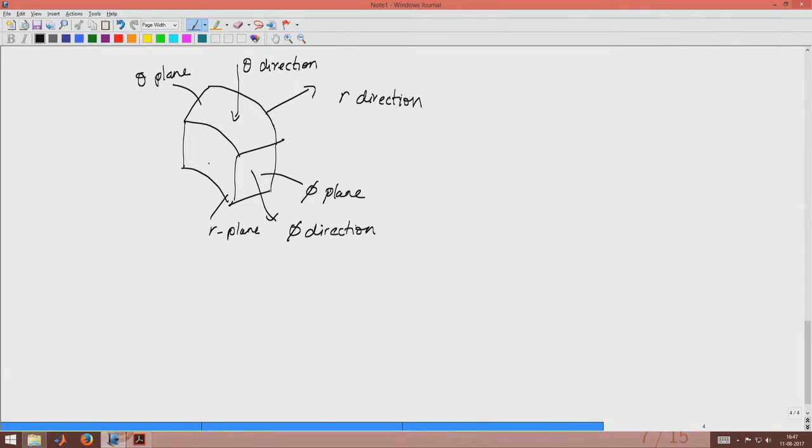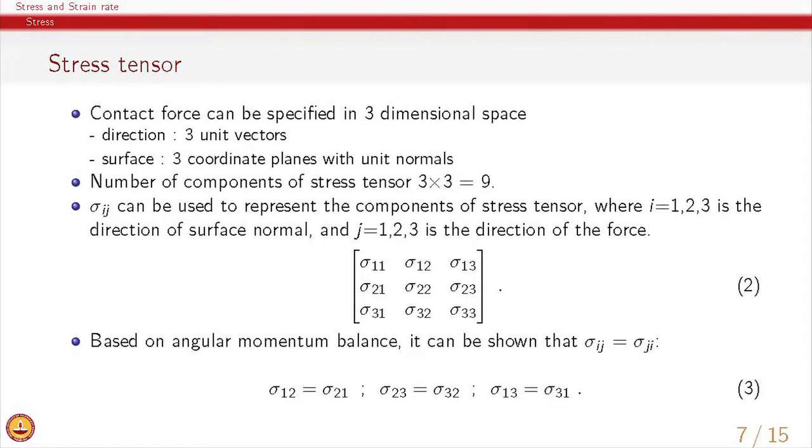Now we have defined the 3 directions r, theta, phi, and we have defined the 3 planes, so we have 9 combinations. The question you can ask yourself is, where will sigma r r be, for example. Sigma r r, as we said, has one index indicating the surface and one indicating the direction of force.